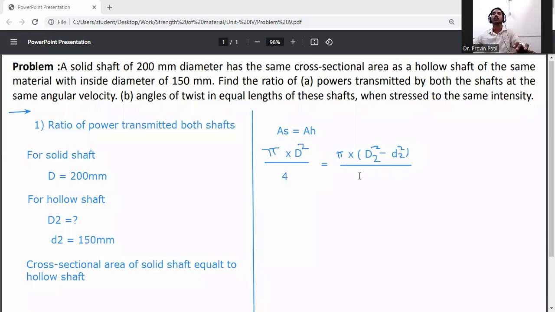So we will get from this: this pi will get cancelled, this 4 will get cancelled.